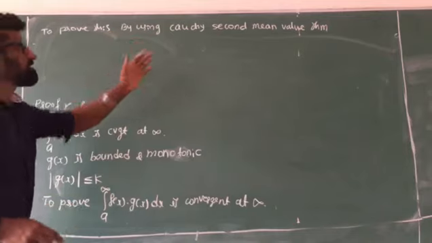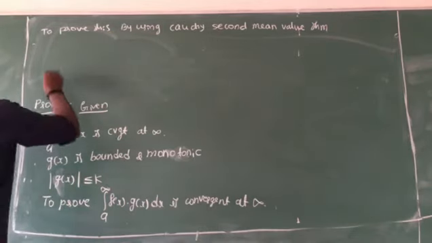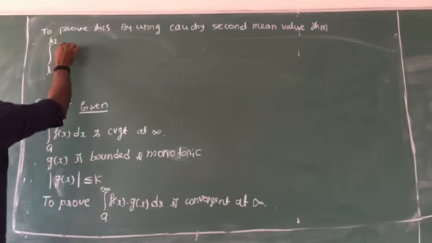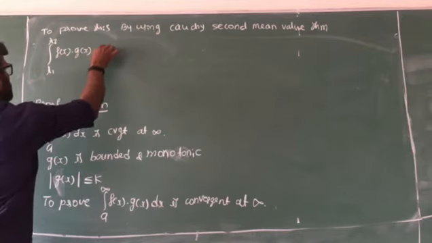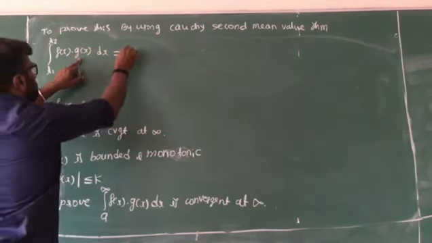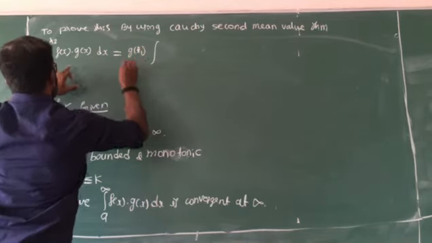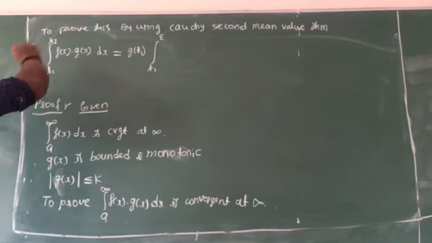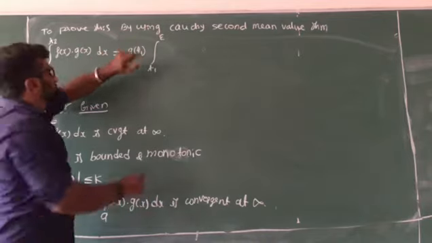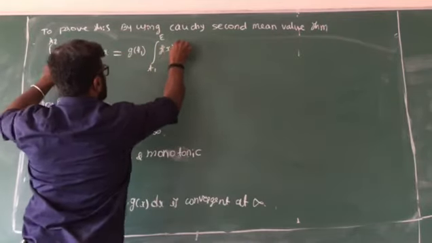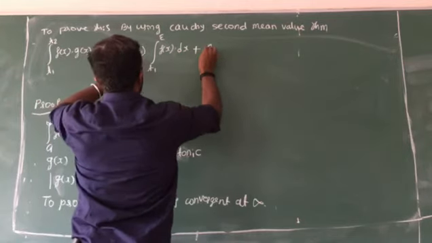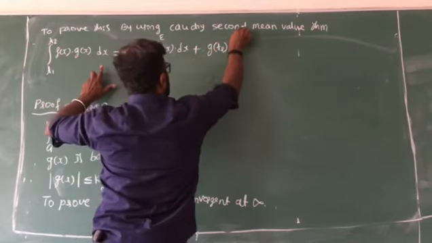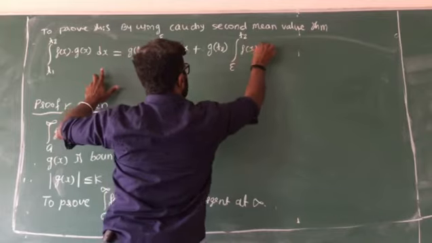So what is the statement of Cauchy second mean value theorem? The statement is like this: the integration from t1 to t2 of f of x into g of x dx equals g of t1 times the integration from t1 to epsilon, where epsilon is a real number between t1 and t2, of f of x dx, plus g of t2 times the integration from epsilon to t2 of f of x dx.